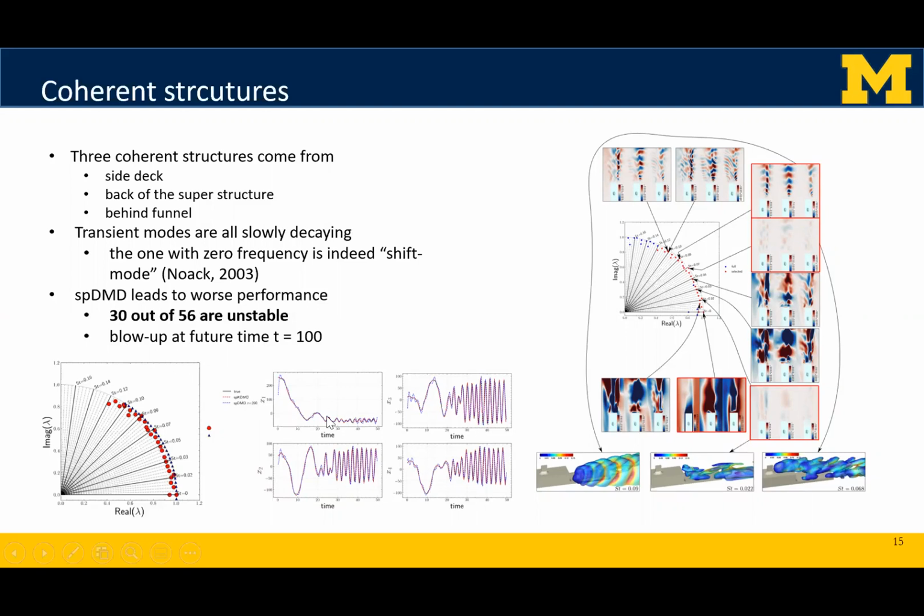It does not give you the most sparse representation. For example, only 3 dominant modes here. It doesn't give you that. What's worse is it also gives you some modes that are not stable, which you don't want to use for predictions.